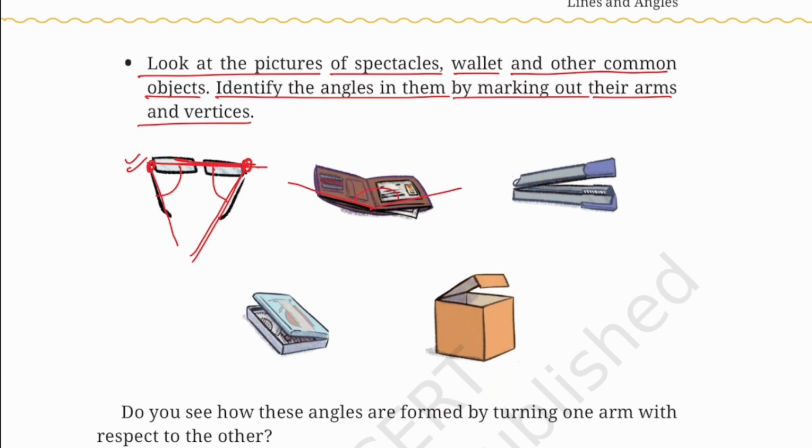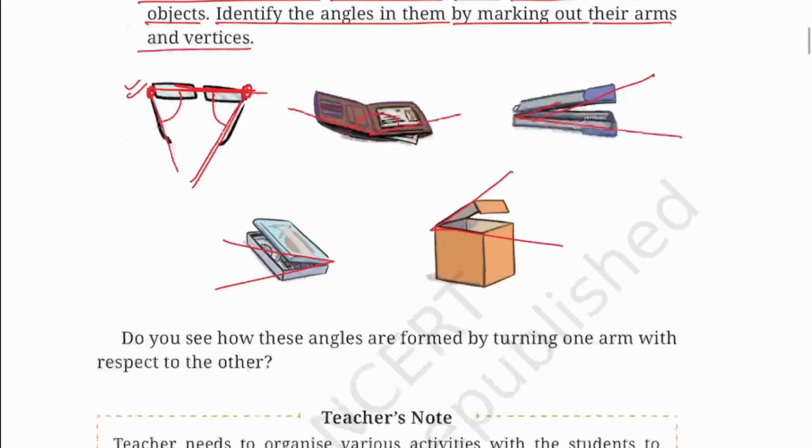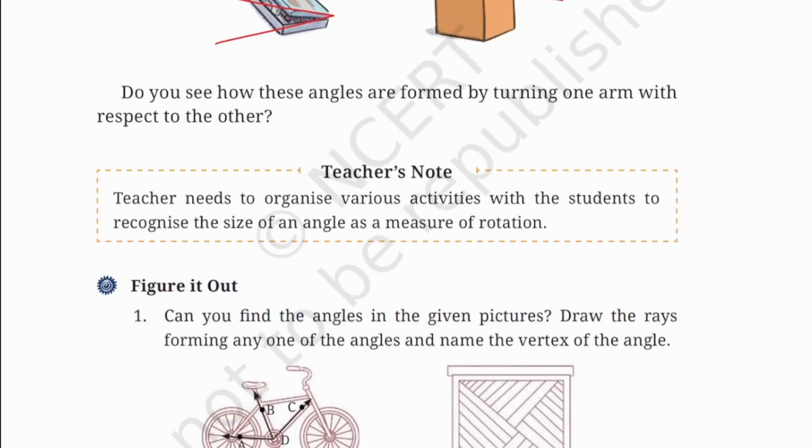Similarly, in this picture, and similarly here. Do you see how these angles are formed by turning one arm with respect to the other?